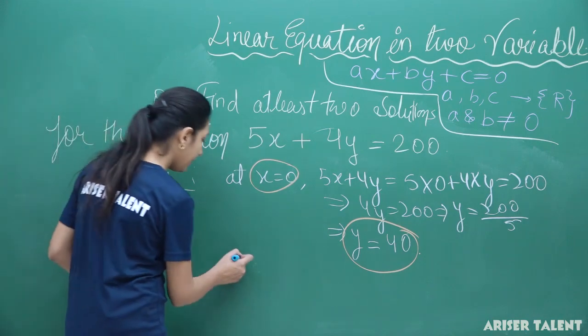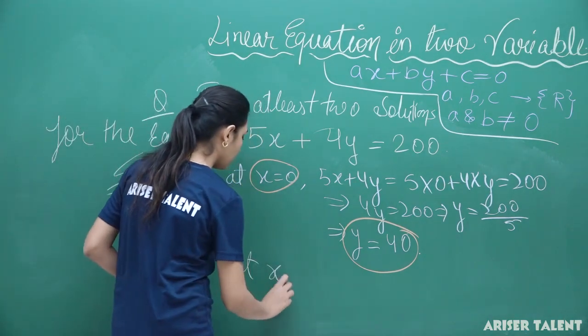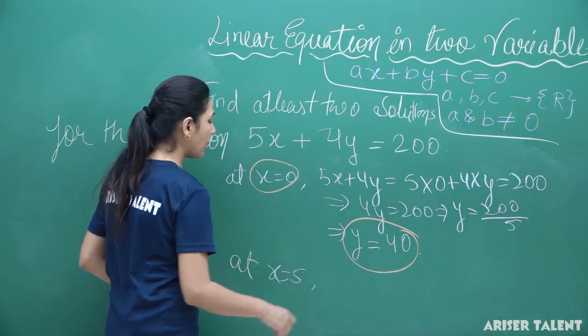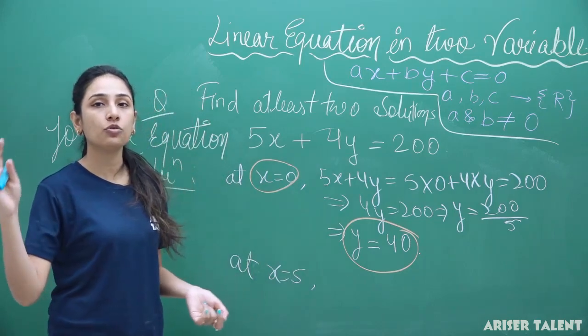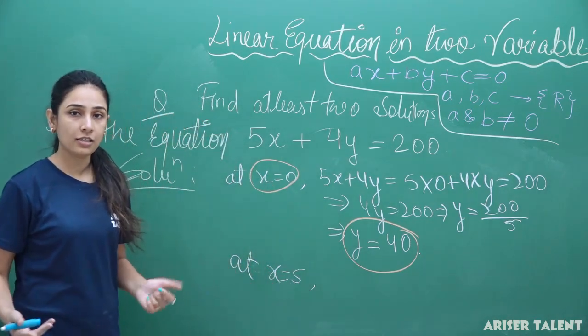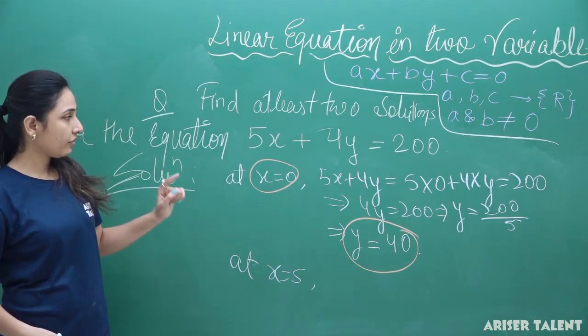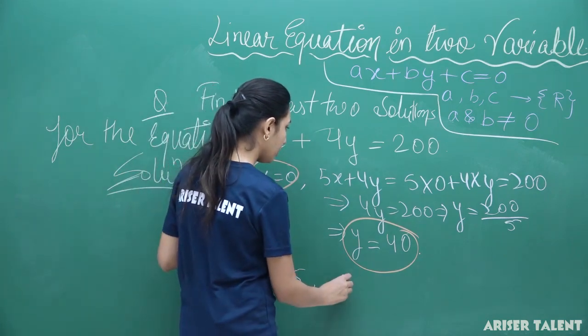Right. Now let's suppose x equals 5. At x equals 5, you can take x equals 1 or 2 or 3 or 4 or minus 1, minus 2, minus 3, minus 4, whatever you want. I am taking 5 here as per my convenience. I like 5.